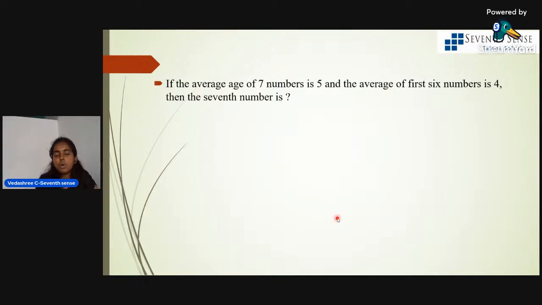So okay, solve this problem. If the average of 7 numbers is 5 and the average of the first 6 numbers is 4, then the seventh number is.